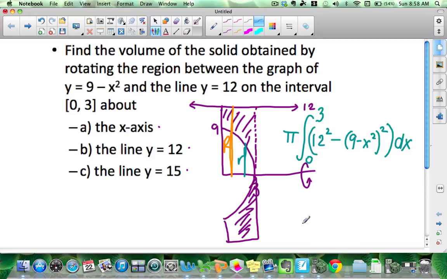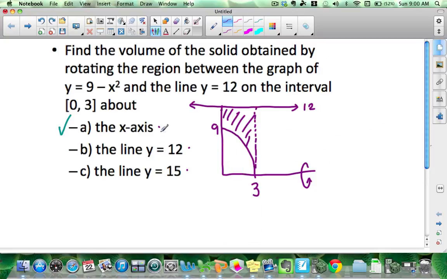All right? And again, I think at this point we can put it in the calculator and get an answer. I want to just try and get through this setup of all of these. So I have my big radius, which is the distance between the axis and 12, and then my little radius, which is the distance between here and my axis of rotation.